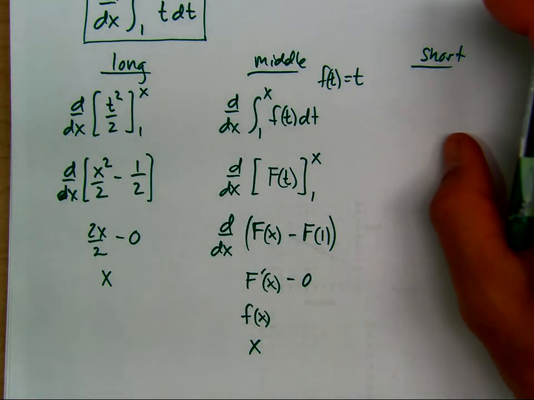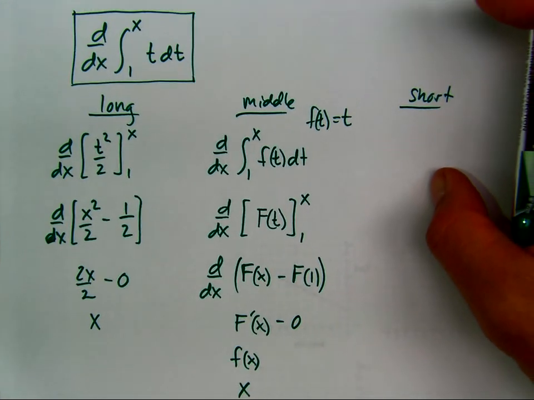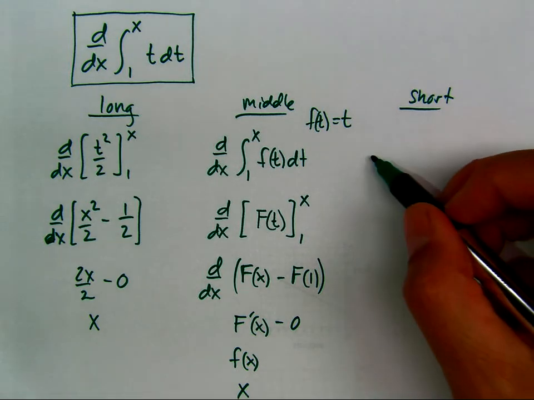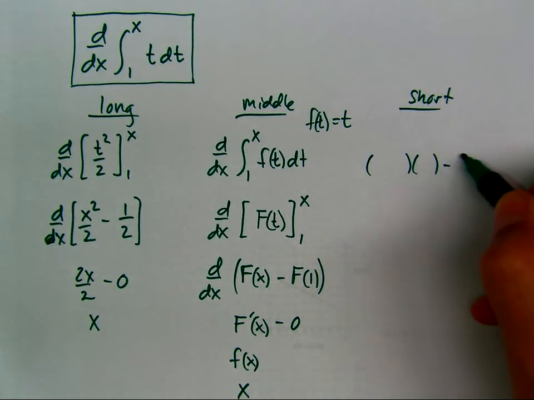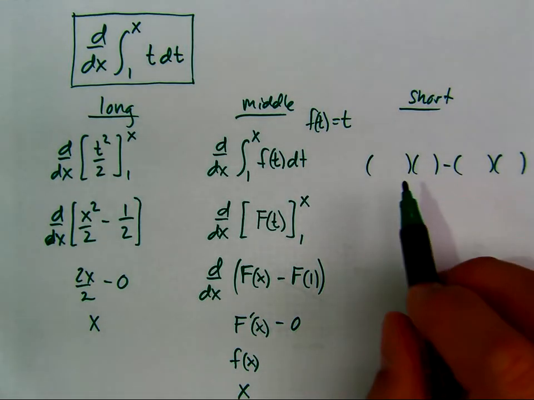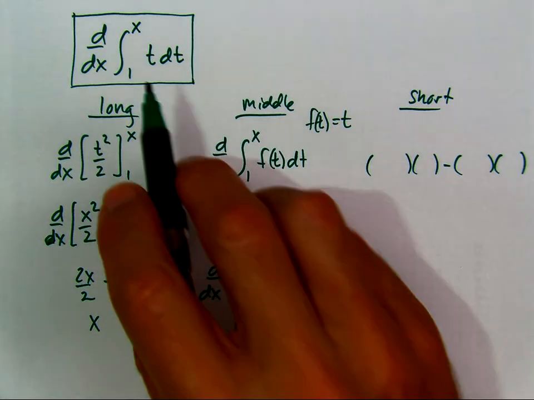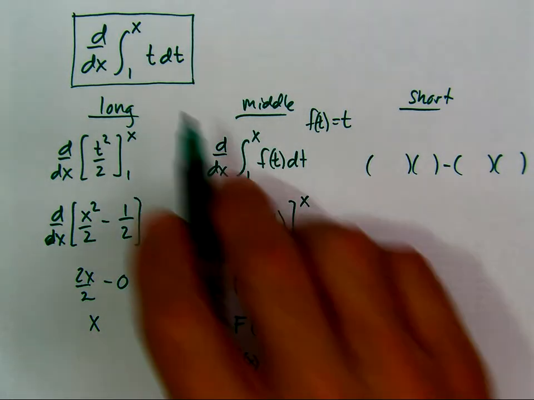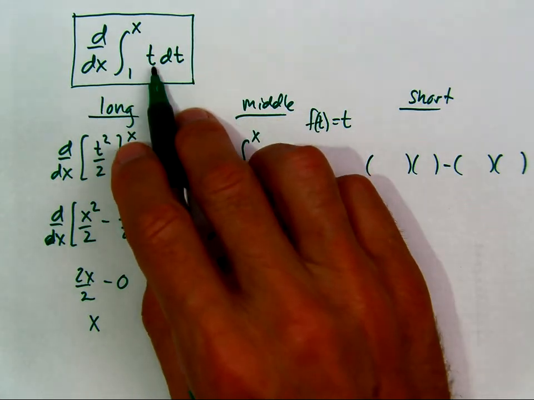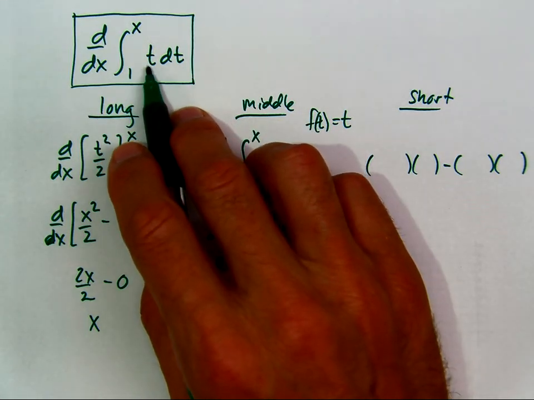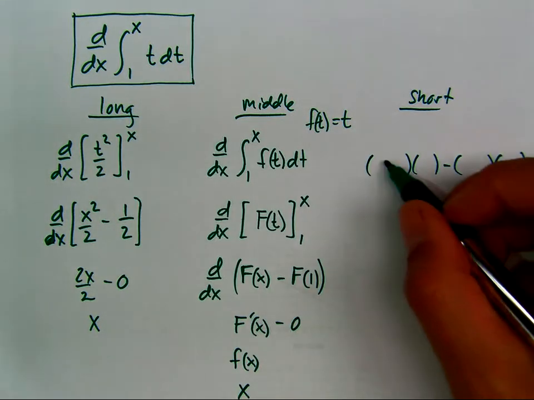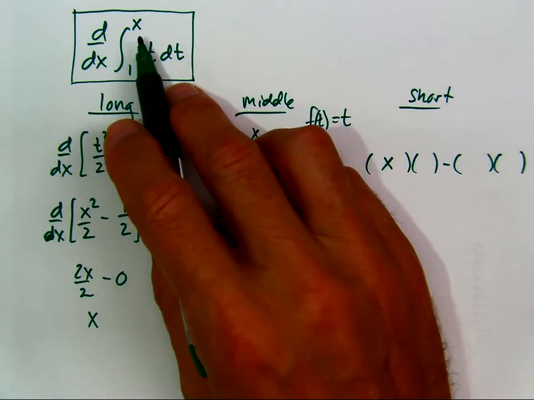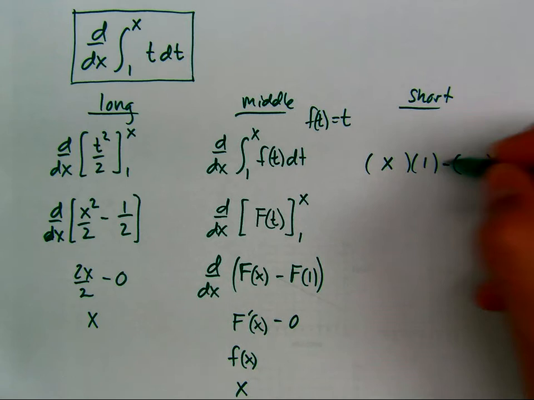Okay, and then we have a short way of doing it, and that looks like this. So in this space, we substitute x for wherever there's a t in here. In this case there's just t, so we'll just put an x in there. And then here's going to be the derivative of x, so that's 1.